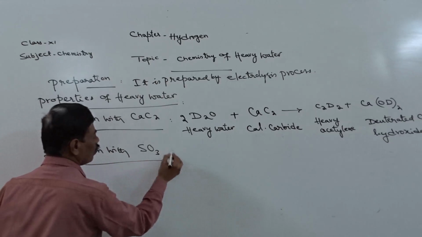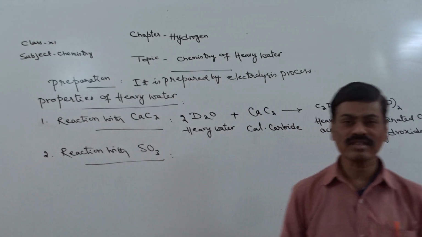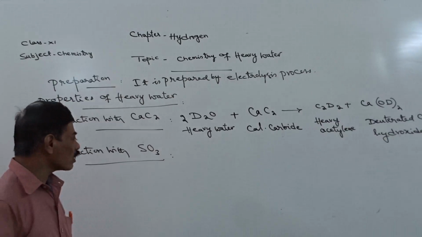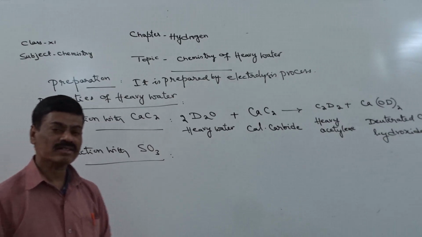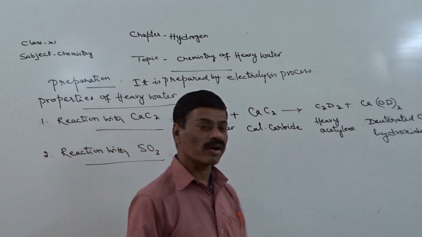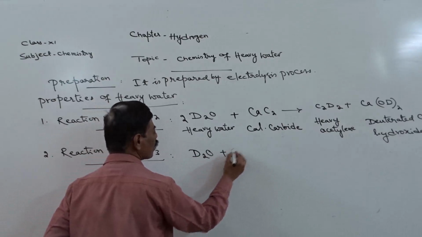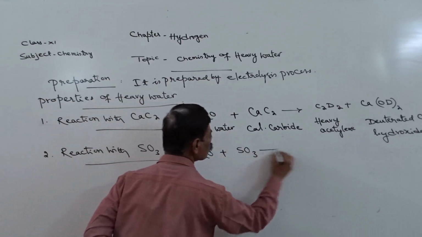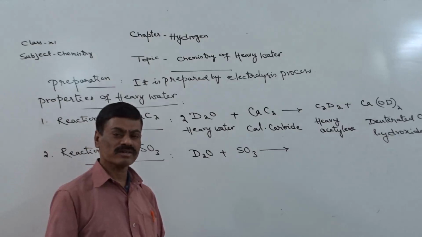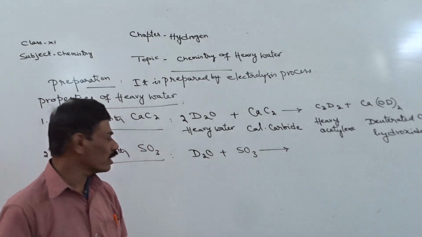SO3. SO3 stands for sulfur trioxide. SO2 is sulfur dioxide. Okay. When heavy water is treated with sulfur trioxide, we will get single adduct or single product. So D2O plus SO3. This gives rise to single adduct. Adduct means product. Single product will get. That means it is addition reaction or chemical combination reaction.